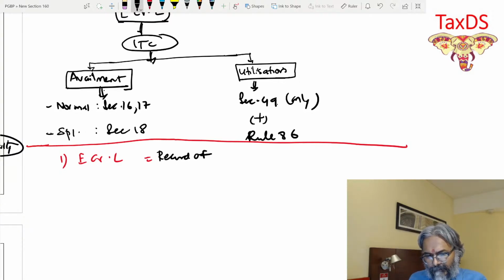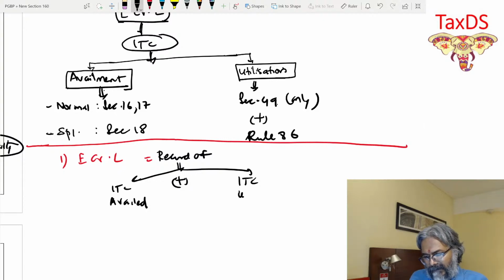A record of ITC availed plus the ITC utilized.